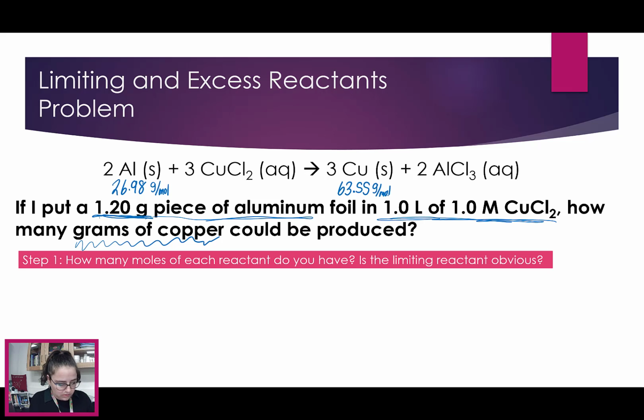And then copper chloride is 63.55 plus 35.45 times 2, which is 134.45 grams per mole. And then aluminum chloride, I don't think we're going to need it, but we'll go ahead and find its molar mass anyways. It's 133.33.